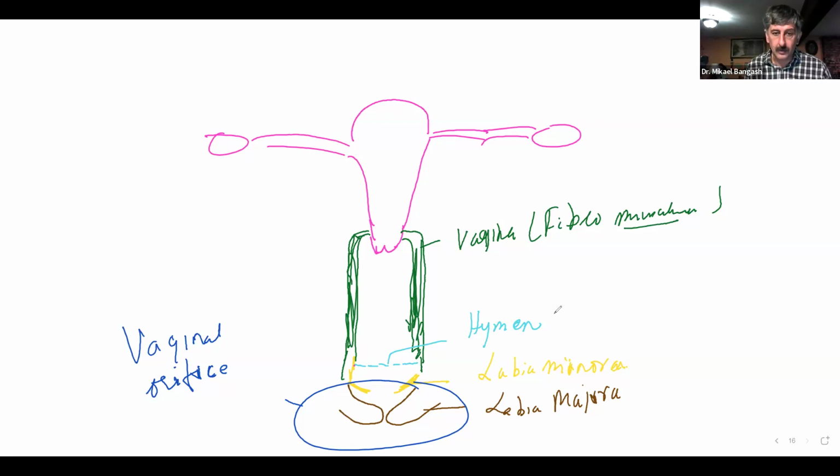This hymen is a thin membrane, mainly with some bigger and smaller blood vessels, and that's mainly what ruptures during sex, or we can say the first sexual encounter.